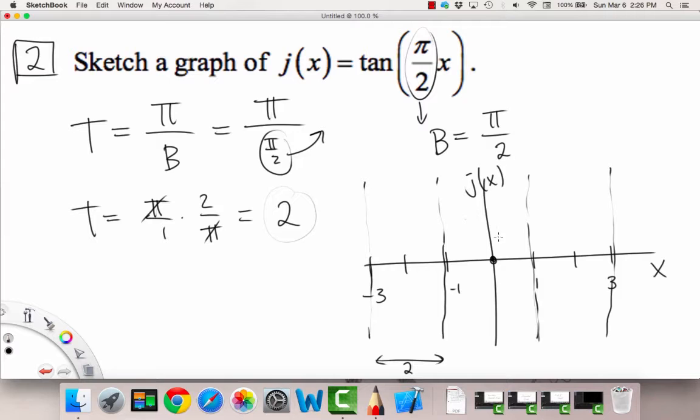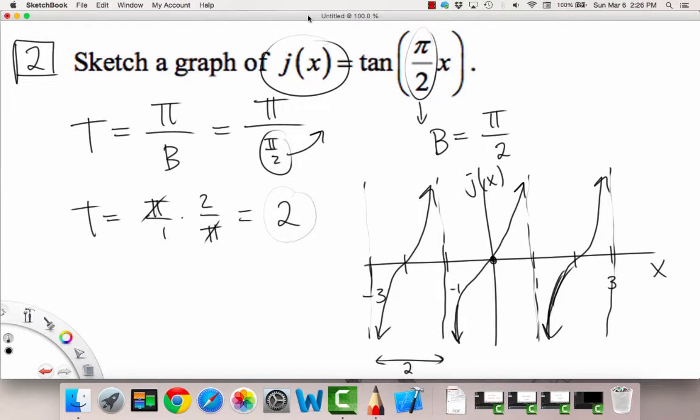Now we're just going to draw a sketch. We don't have any vertical or horizontal reflecting, so we just have our normal S-like curves in here. And there it is. That's what the graph of j of x looks like.